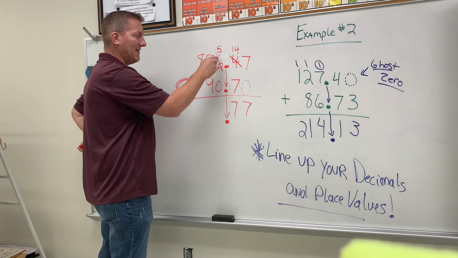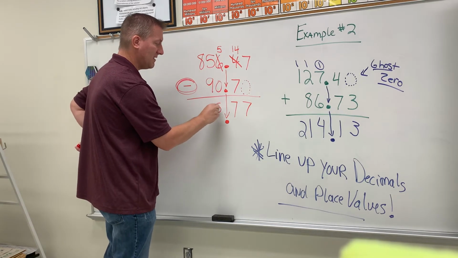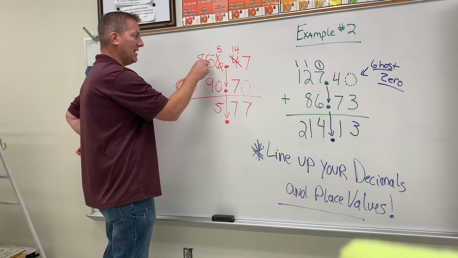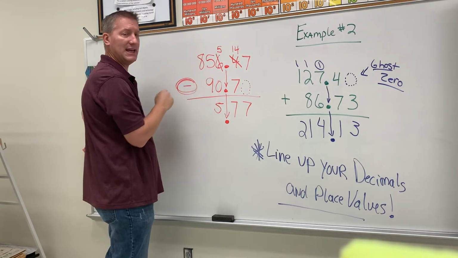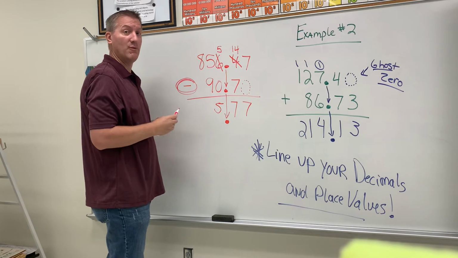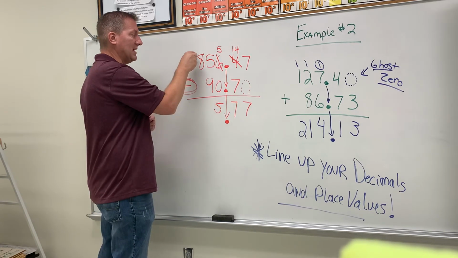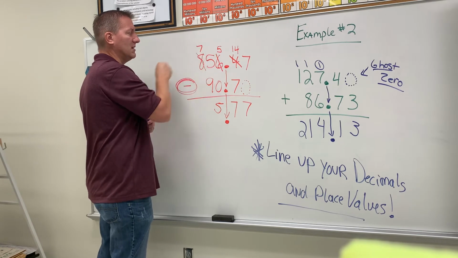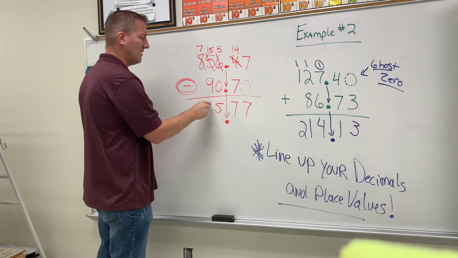Okay? Then 5 minus 0 is 5. 5 take away 9. Can't do it, can we? If we only have 5, we can't take 9 away from that, so we're going to have to borrow. So I need 10 over from here.